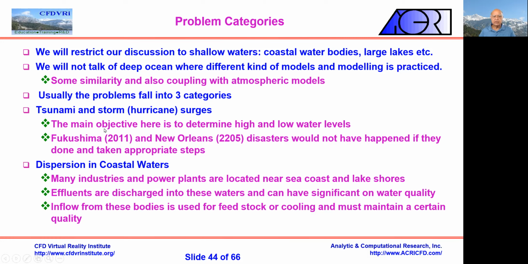The main objective in tsunamis and storms is to determine the high and low water levels, how much flooding occurs and where the water recedes. Now, the best example of not having done that properly or taken that into account was Fukushima and New Orleans in 2005. These disasters would not have happened if they had taken appropriate steps to model these hypothetical scenarios and seen what can we do if that occurs.